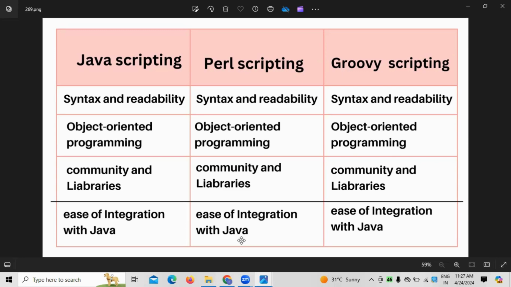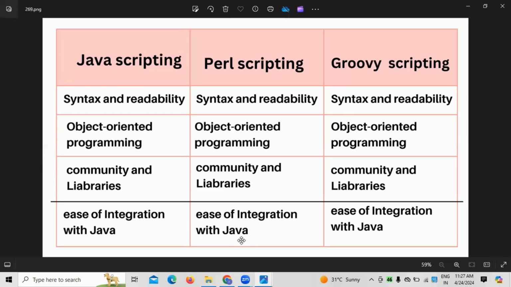So Groovy scripting is, as I said, easy for us to understand, because whatever code and syntaxes we use in Groovy are more or less the same as the Java code we have done. So the advantage is that a person who is coming from the Java programming side, or whoever has knowledge of Java scripting, performs Groovy scripting better compared to Perl scripting, because Perl scripting has a disadvantage when it is highly complex.